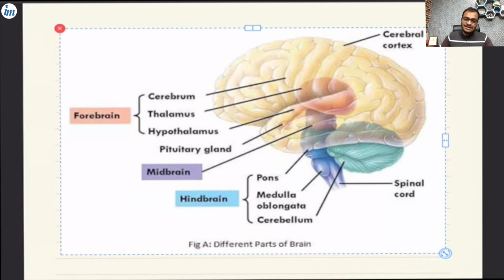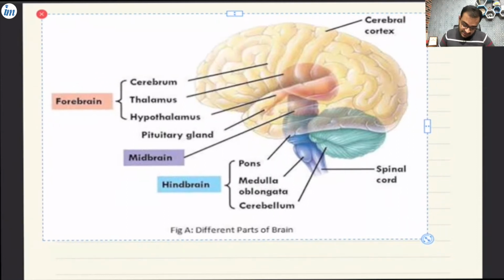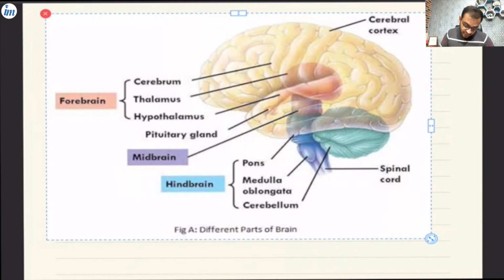The midbrain is the mesencephalon and the hindbrain is the rhombencephalon. Here you can see through the image the forebrain, midbrain and hindbrain, and the various parts they include. So till here we got to know about the classification of the nervous system.